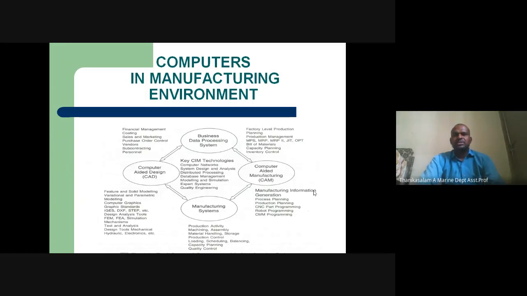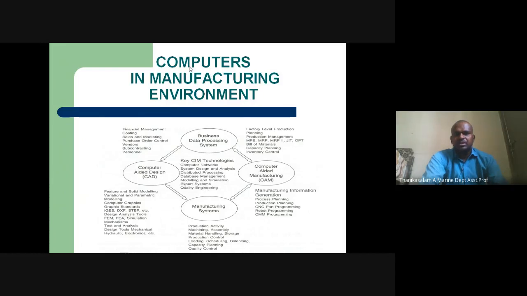Computers are used in many ways. You see the business data processing system, computer aided manufacturing CAM, manufacturing systems, computer aided design.